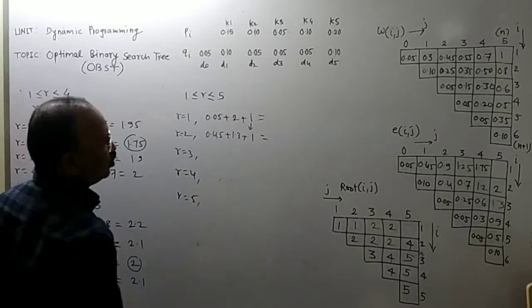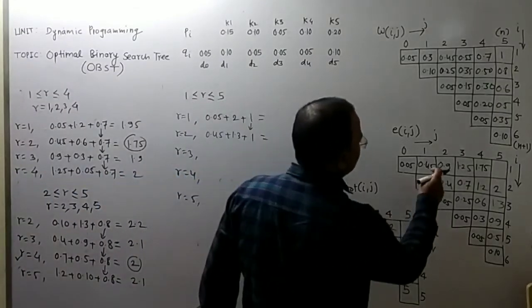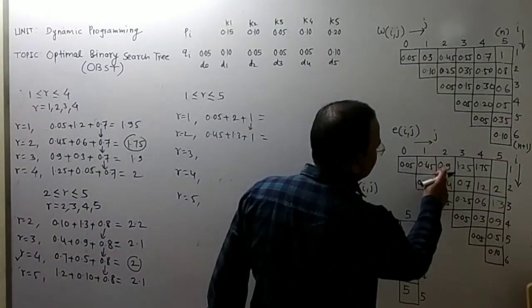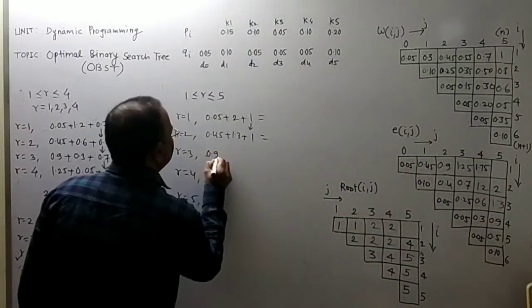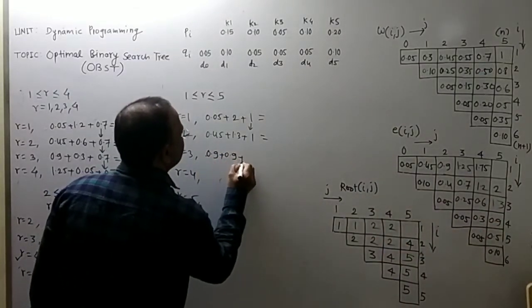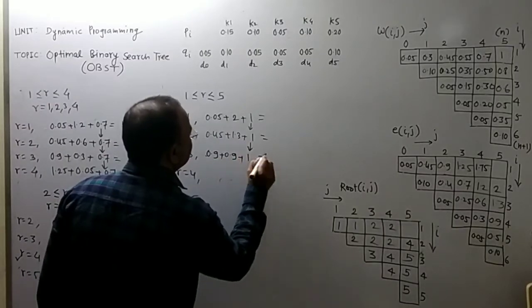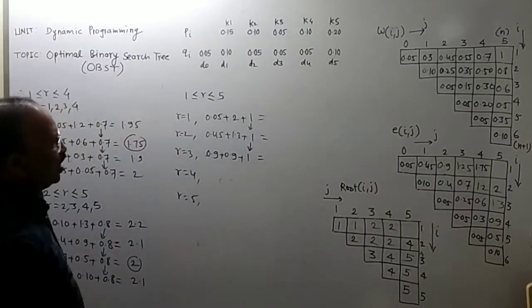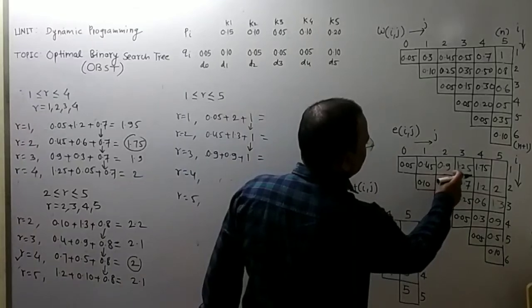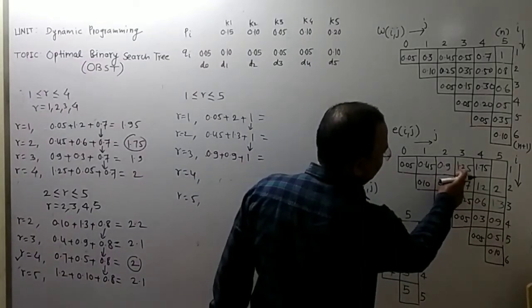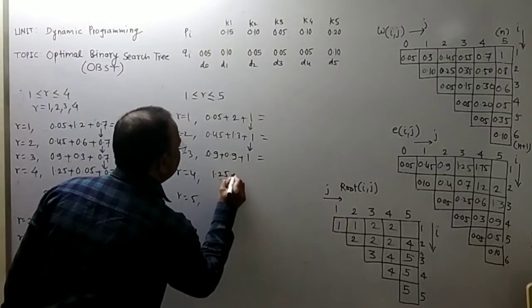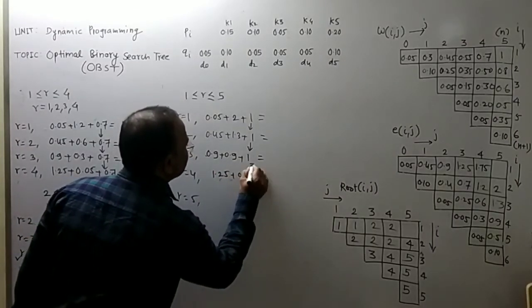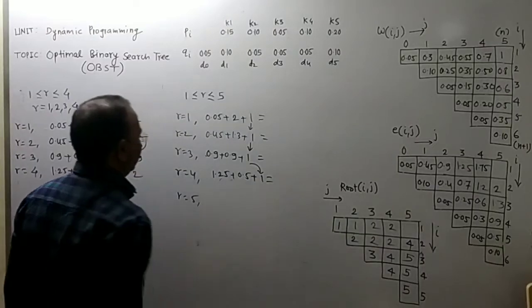For R is equal to 3, we have to consider 0.9 and 0.9. 0.9 plus 0.9 plus the W value, that is 1. For R is equal to 4, we have to consider 1.25 and 0.5. 1.25 and 0.5 plus 1 is equal to.